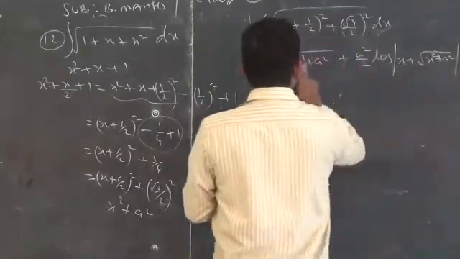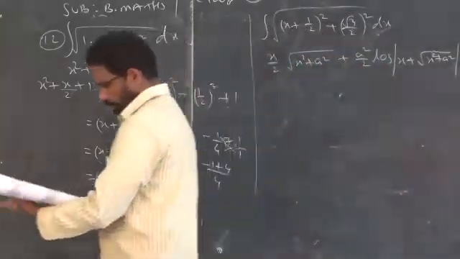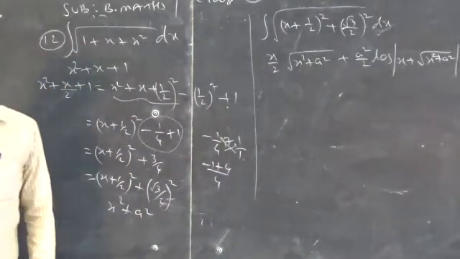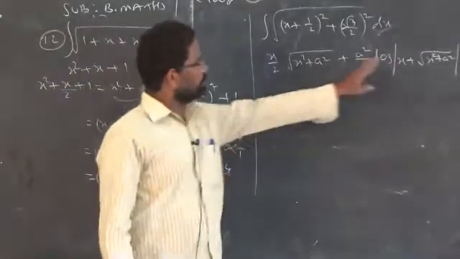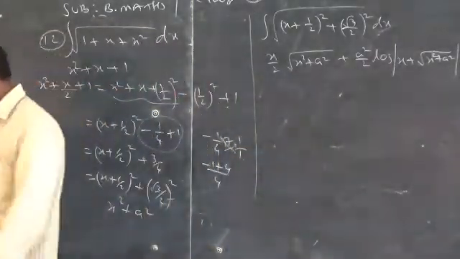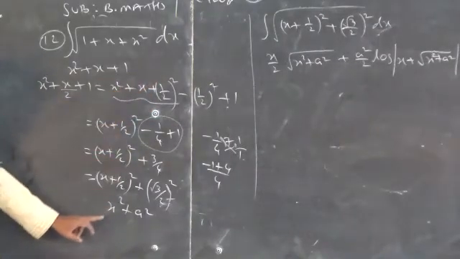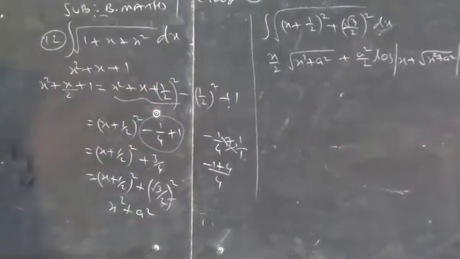If there is a minus, then you have to change the sign. Clear? If there is a minus, then everything will be minus inside the bracket. So this is the formula for x square plus a square, formula number 6.